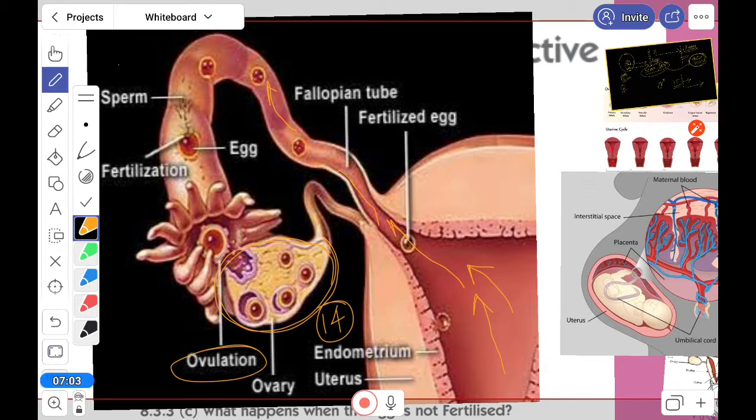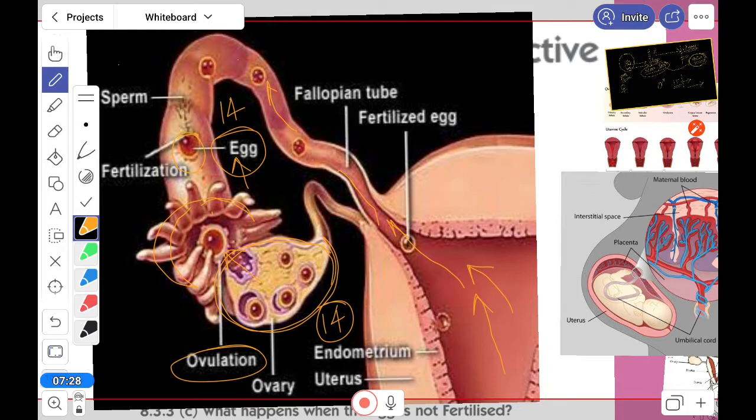What is the meaning of ovulation? Ovulation means when the ovum is released. When the ovum is released, this finger-like structure, the fimbriae, as I already told, will receive it and take the egg here. Here the egg will stay for another 14 days of the reproductive cycle.